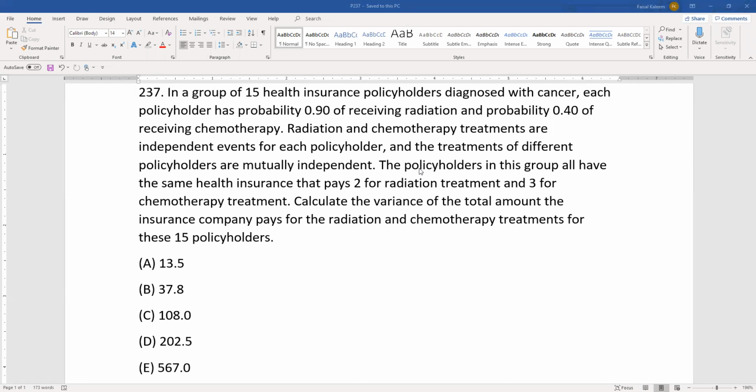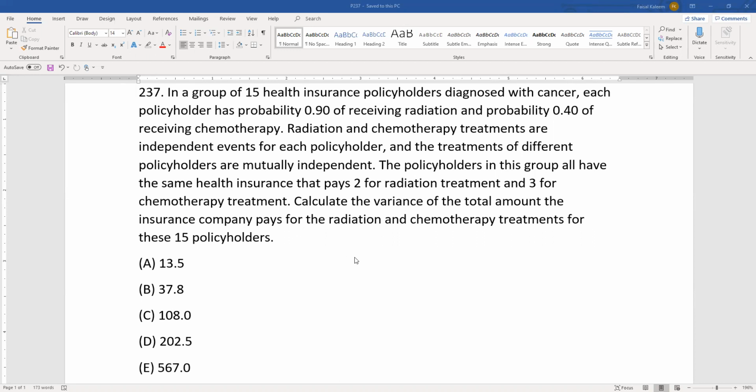The policyholders in the group all have the same health insurance that pays 2 for radiation and 3 for chemo. Find the variance of the total the insurance company pays for the 15 policyholders.